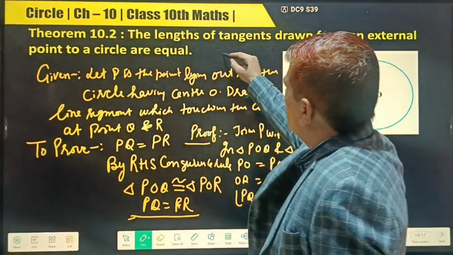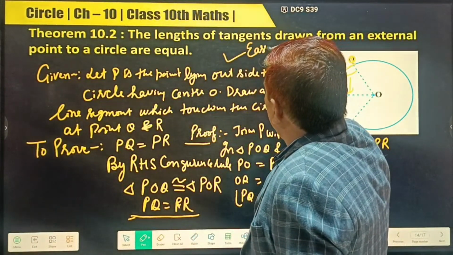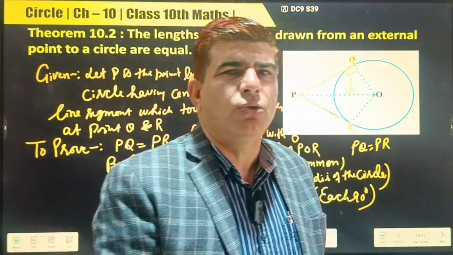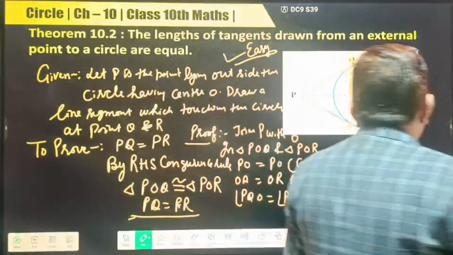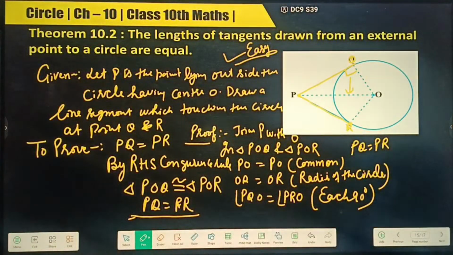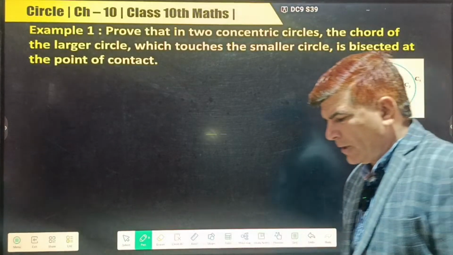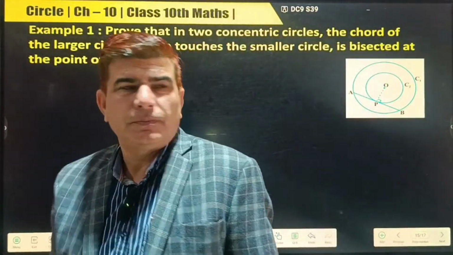So this easy theorem, if you can understand this, you will easily be able to solve the questions given in the exercise. Now this example given, we will start this example also. Prove that two concentric circles, meaning having the same center.